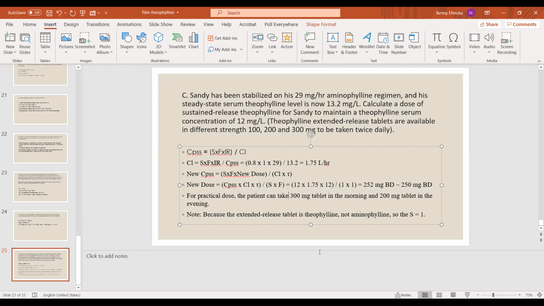Asthma is more at night or in the morning? More at night, early morning. So we change to in the morning 200, at night 300. So in the evening 300, in the morning 200. Okay, make sense or not?